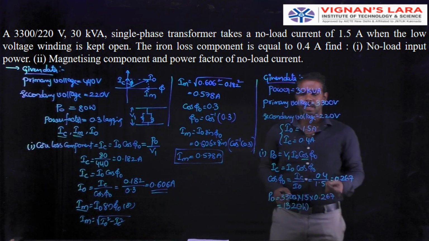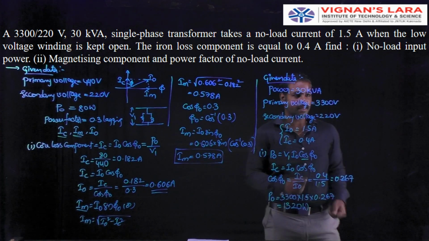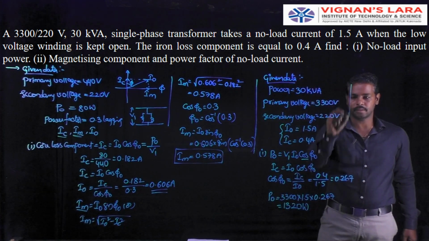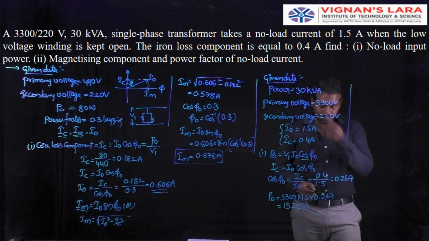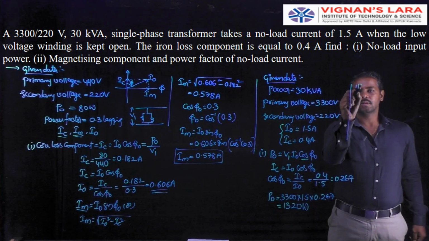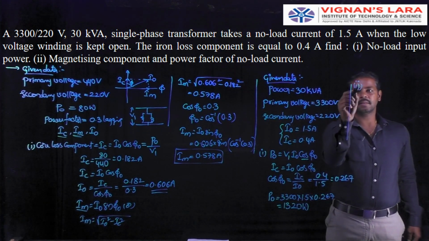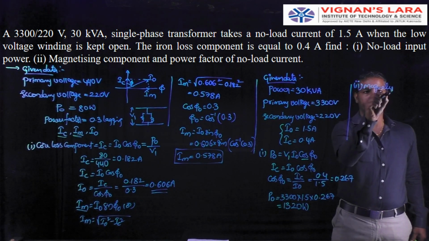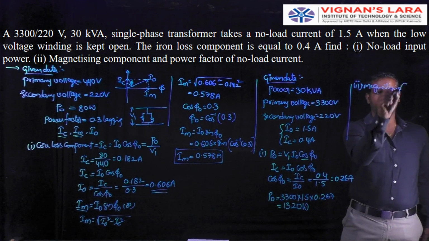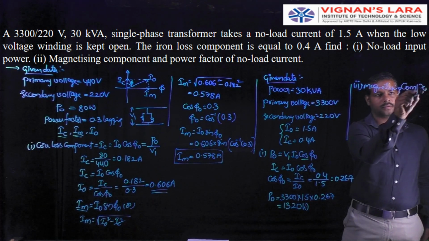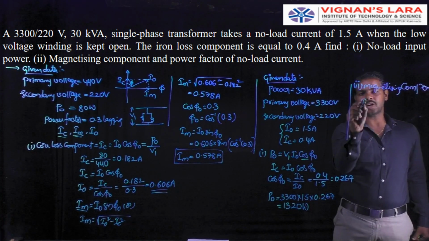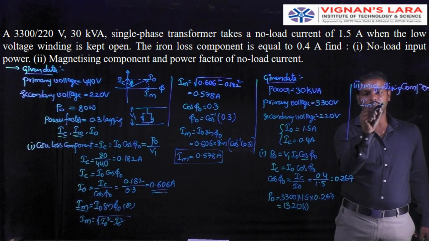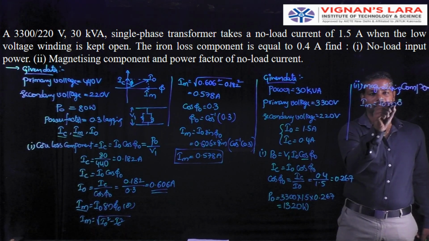Second one is the magnetizing component. Magnetizing component means IM value. Magnetizing component IM is equal to I naught sin phi naught.